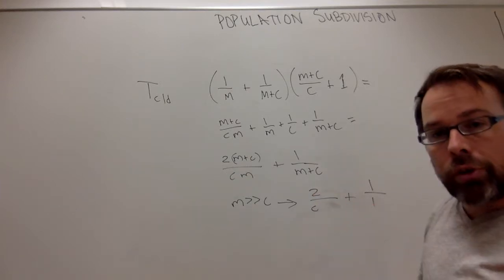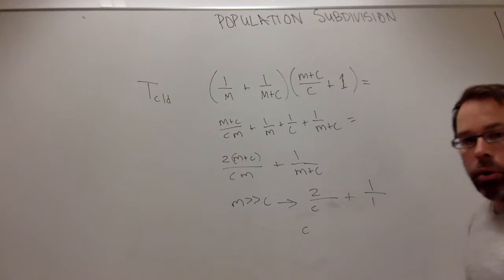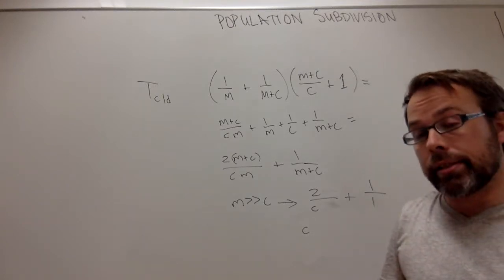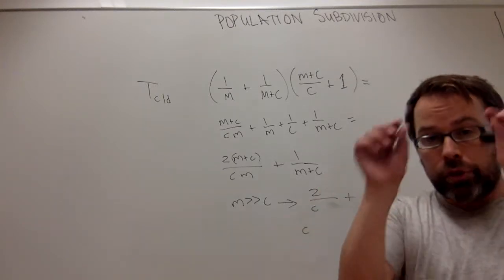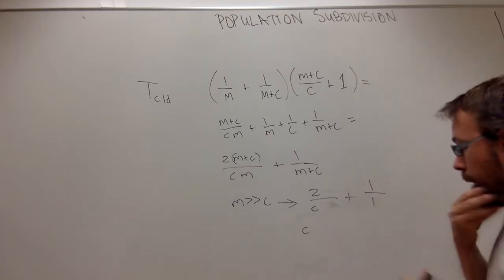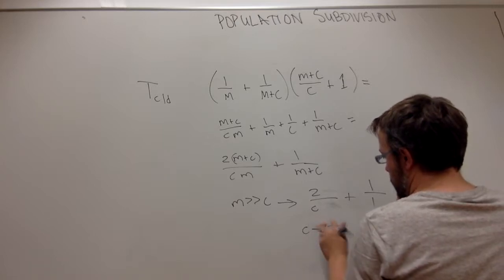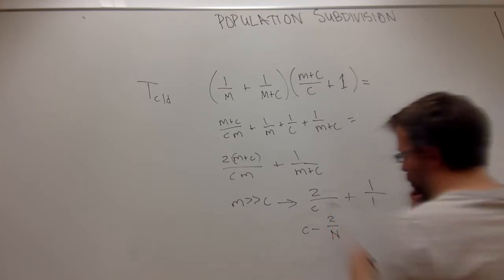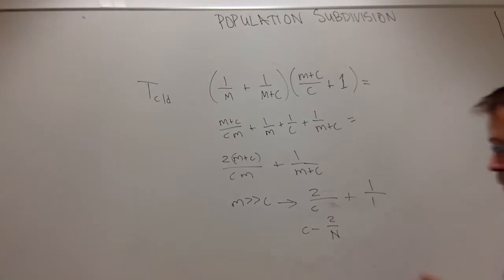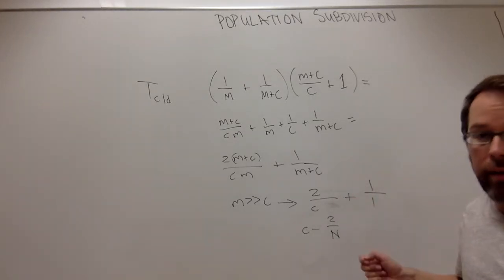And then 2 over c. Well, what's 2 over c? We said c was the time of coalescence, the time that it takes for two individuals in the same population to coalesce. And we said that that was equal to 1 over n, divided by 2, so n over 2.